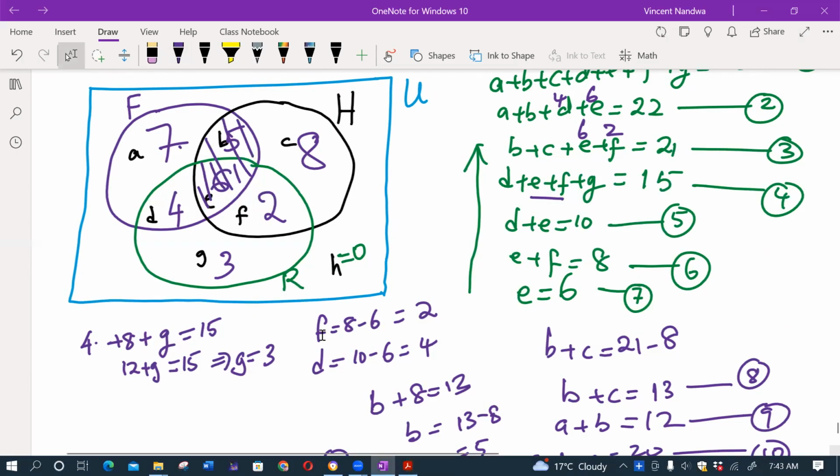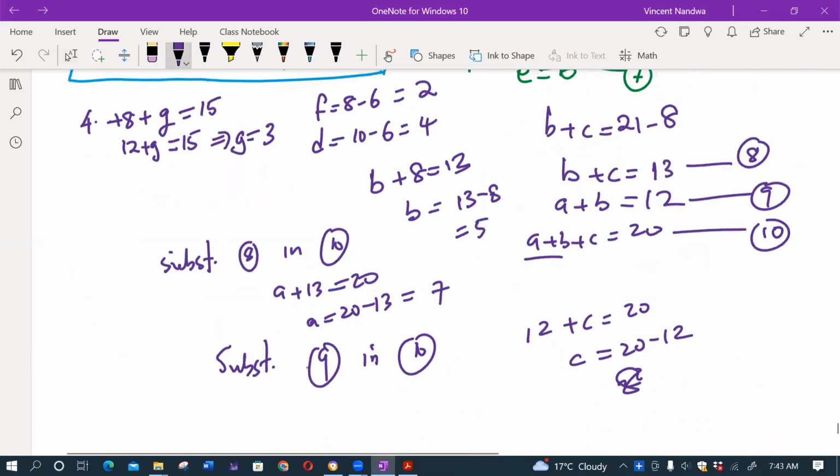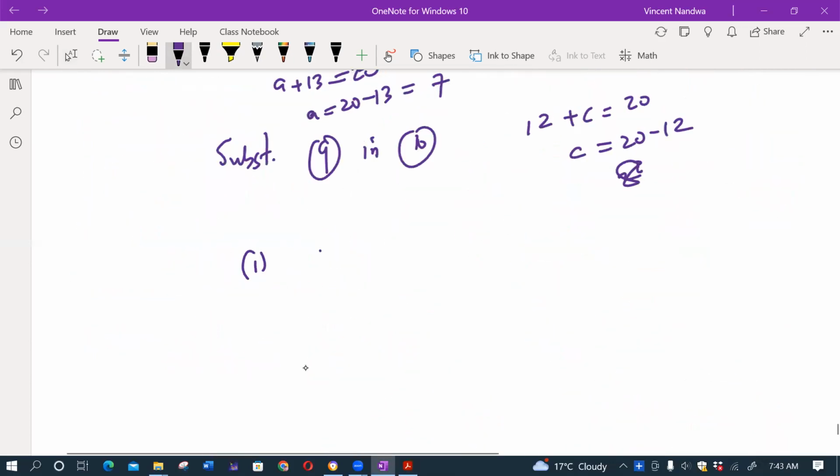So E will be counted in R. The only required part is B alone, because when you are in B, you'll not be counted in R. So part 1 is 5.